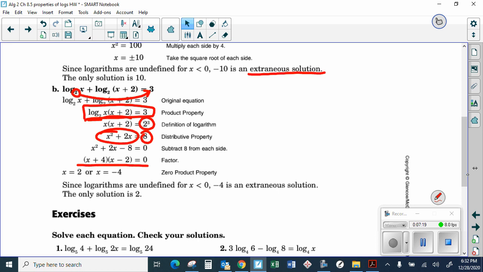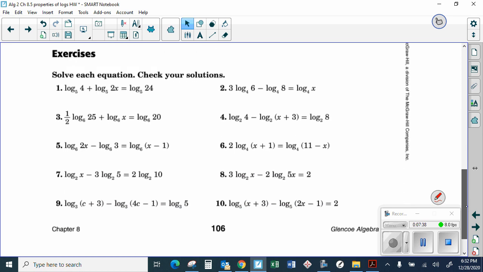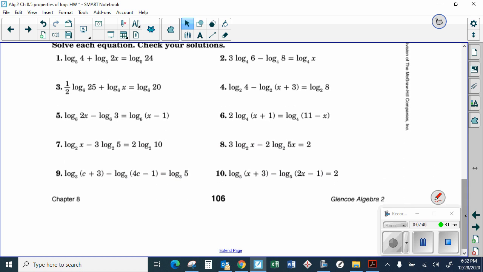It factors nicely. I get 2 or negative 4. Again, I have to check both answers. If I plug negative 4 in there, I get a negative. So negative 4 does not work as an extraneous solution. Only 2 works. That will give me a positive answer for both. So you have to remember to do that. All right, that finishes that off, 7.5.